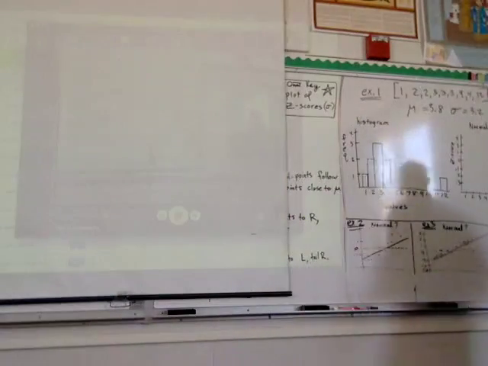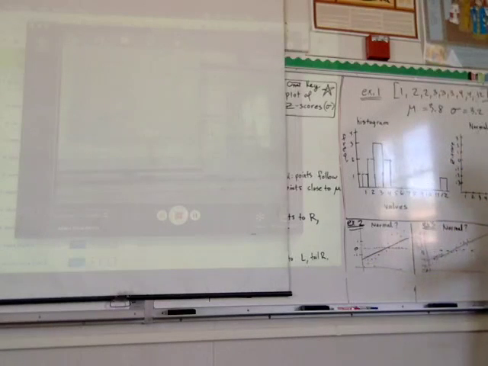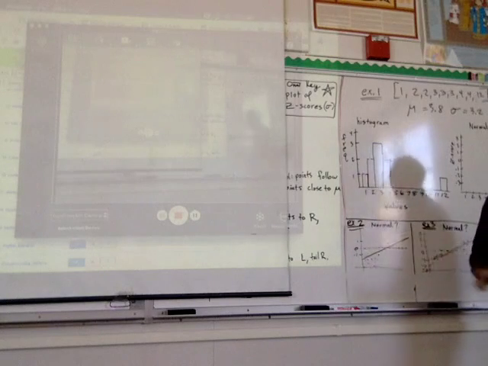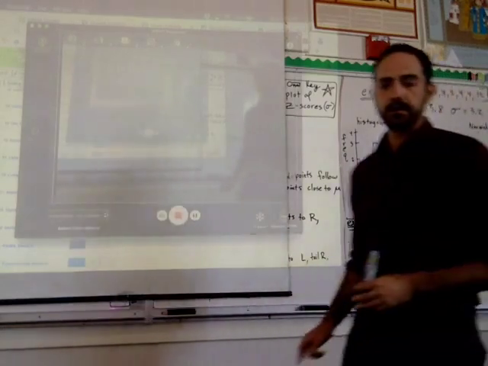So yeah, if it's not a good fit, these points are kind of spread out all over the place. But you guys get the point that if it's not close to the best fit line, we're not going to call it normal distribution.